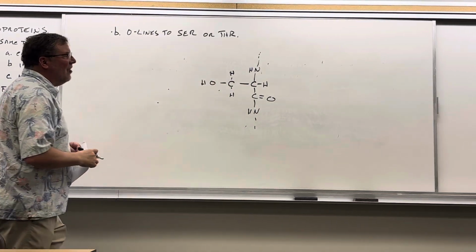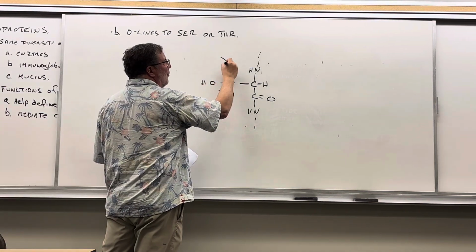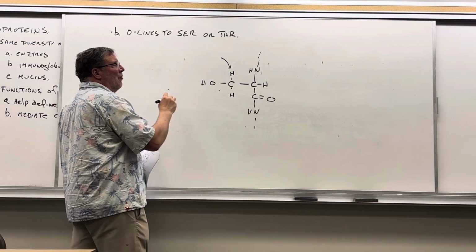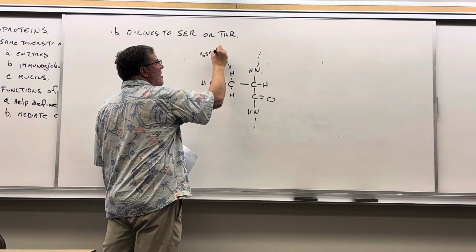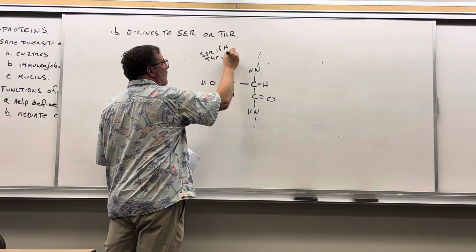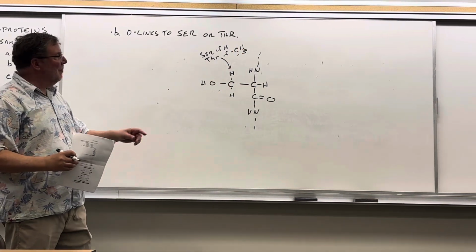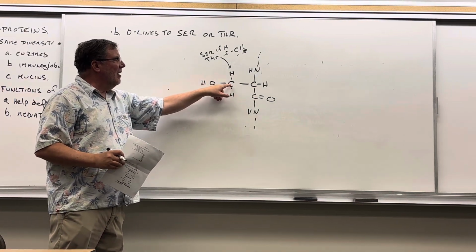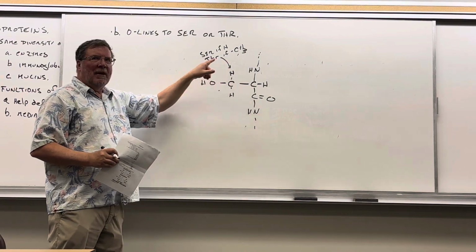Now I'm drawing serine, but if that was a methyl group, it would be threonine. Serine's side chain was CH2OH, and for threonine, you basically take off one of the hydrogens and put a methyl group on there.